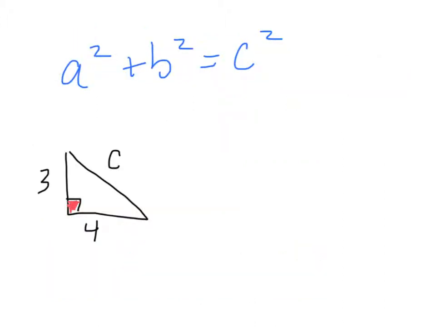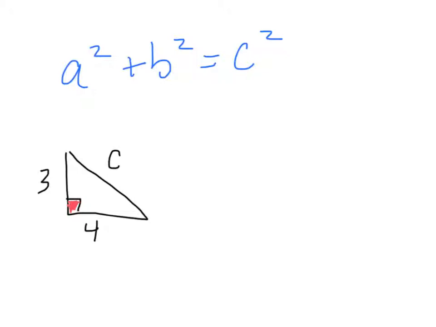So above we have the Pythagorean theorem, which is a squared plus b squared equals c squared. Now remember that each leg can be denoted with a variable. On the last frame, we let one leg equal a, another leg be represented by the letter b. The hypotenuse traditionally is called c.